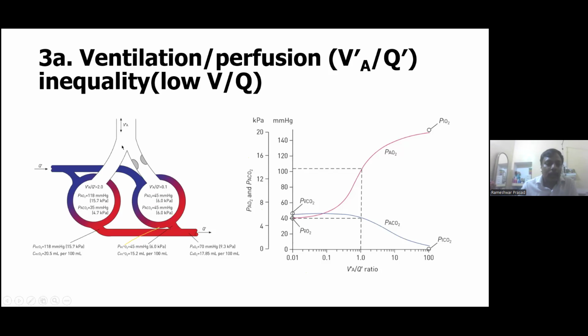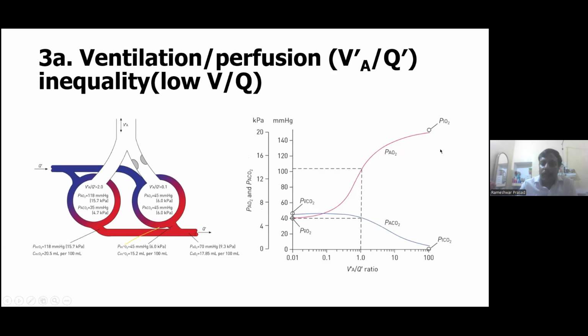Only the well ventilated, well perfused alveolus is taking part efficiently in gas exchange. Here, the gas exchange will be hampered. Oxygen will not go inside the arteries, and PCO2 will also not come out of the artery into the alveoli.